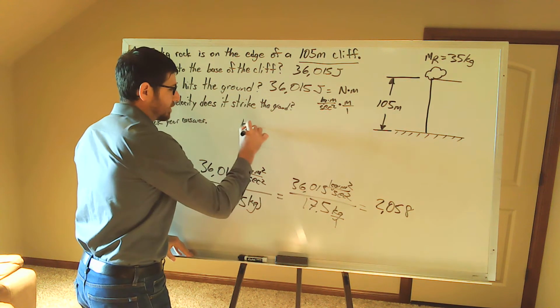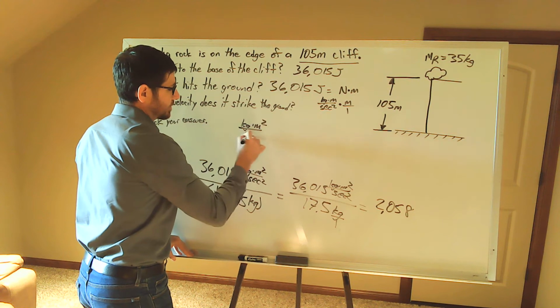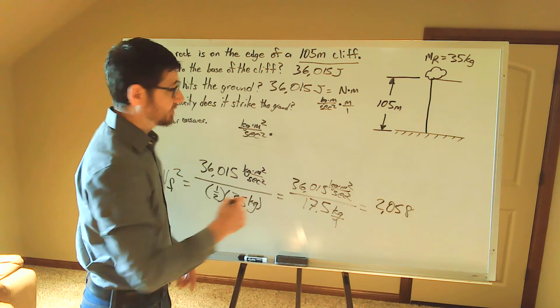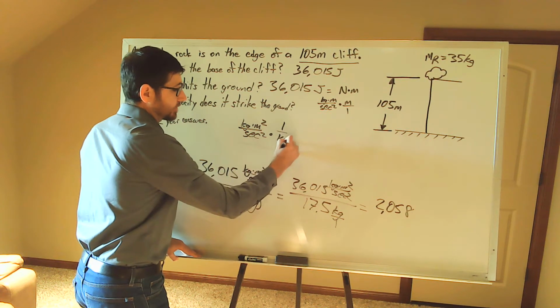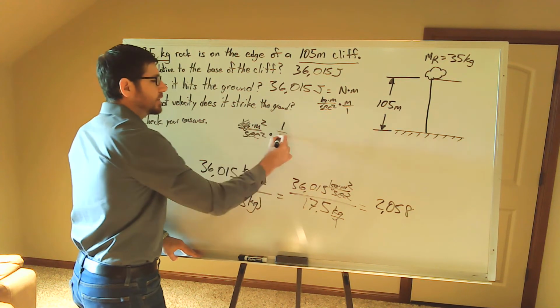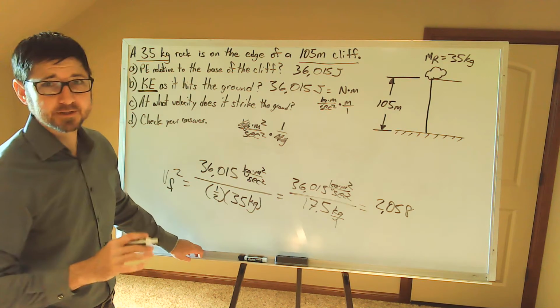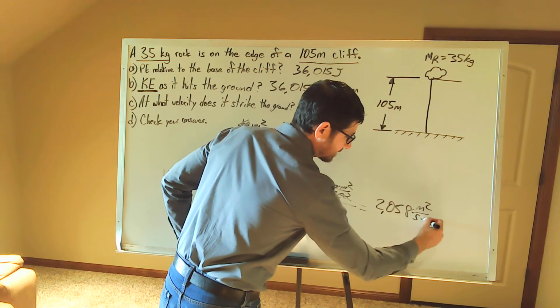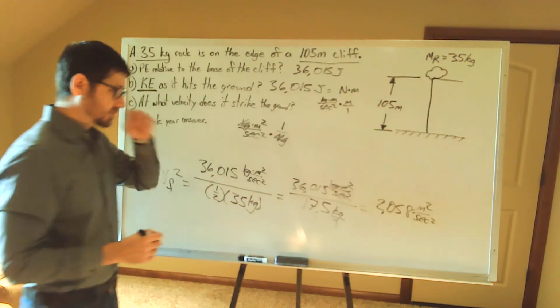So I have kilogram meters squared per second squared times the inverse of the denominator, which is 1 over kilogram. Units of kilograms are going to cancel. So my units here are meters squared per second squared.